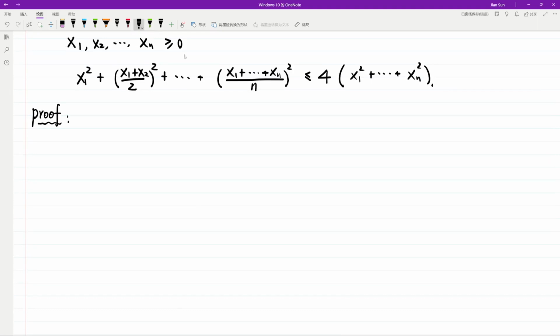We notice that in order to prove this inequality, it's equivalent to prove the following version.